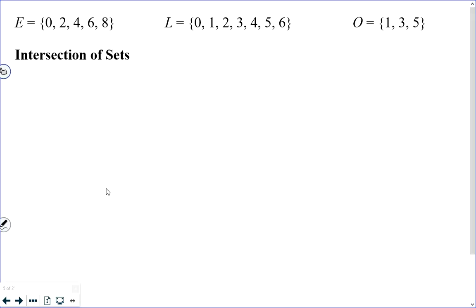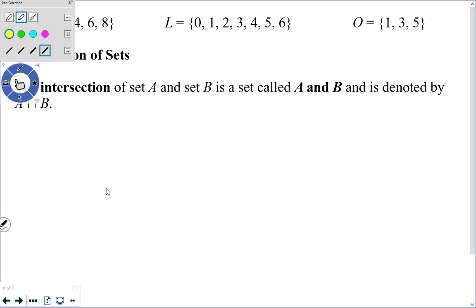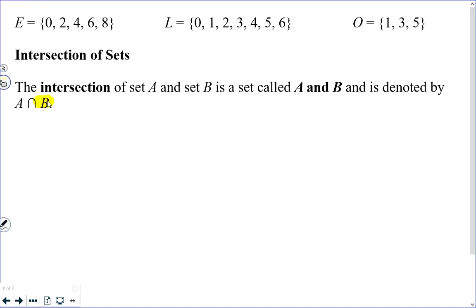Let's talk about an intersection of sets, first of all. The intersection of set A and set B, I'm just saying A and B in general. We'll get to the sets at the top of the page in a little bit. But the intersection of sets A and B is called a new set, A and B, and it's denoted, which means written, as this. There's no special way for you to say this.